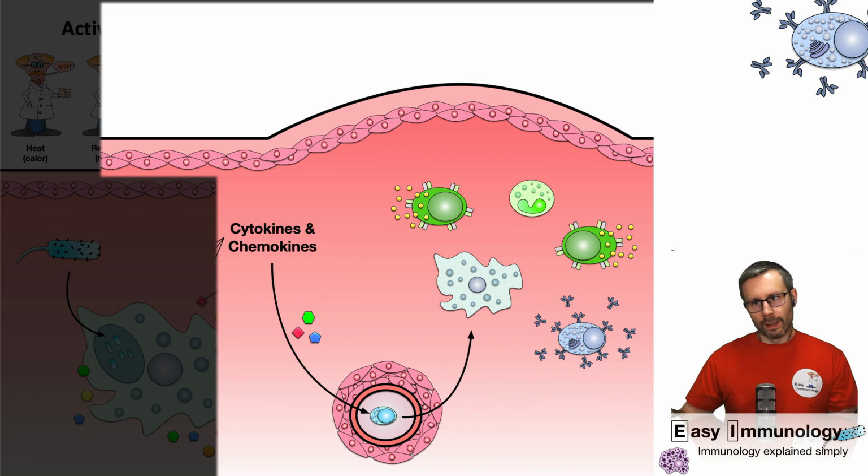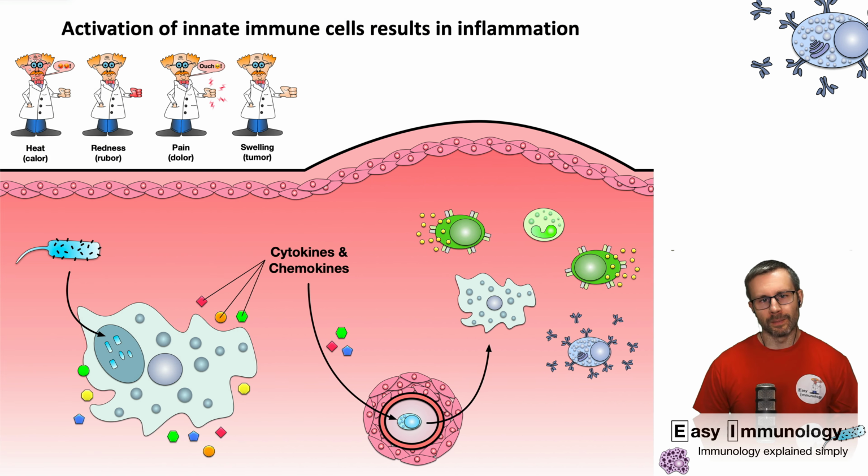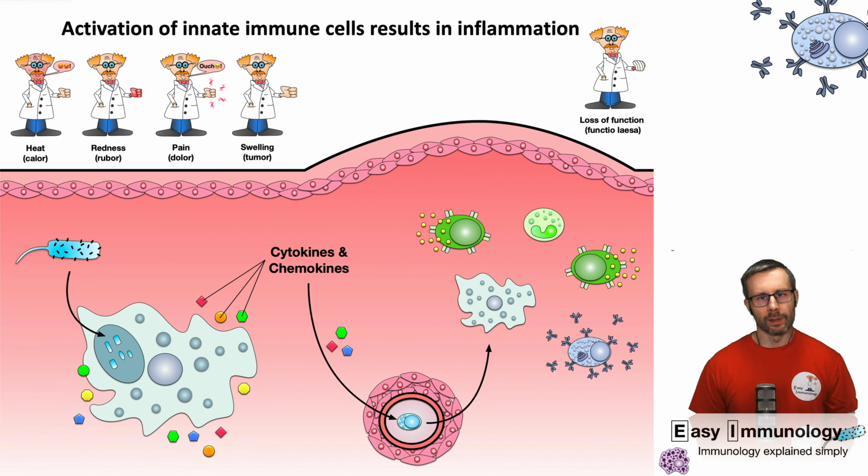And since we have more fluid that also leaves the blood vessels and more cells in the tissue, it will turn bigger, there's more volume, it will swell. And since activation of the immune system results maybe also in damage towards structures in your body, this can also result in pain. And if this goes on for a longer time, we will have a loss of function in there. So this is how the 5 signs of inflammation are induced.